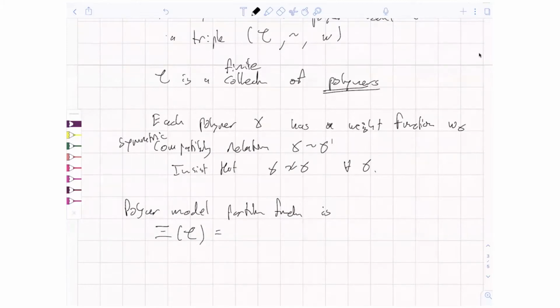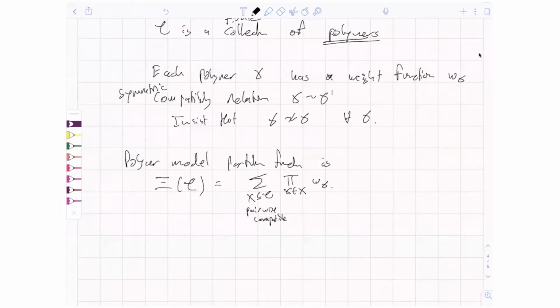And what is it going to be? It's going to be the sum over subsets of polymers that are pairwise compatible, and then the product over gamma in X of the weight of gamma. So this is the polymer model partition function.